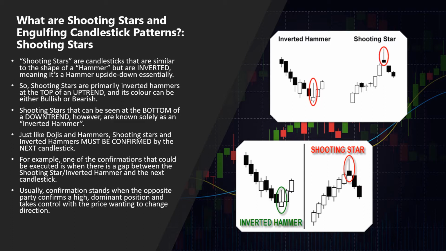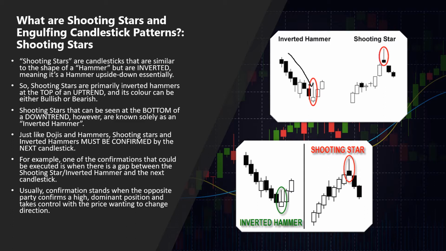Let me have a look here, the picture on the right hand side. Again, the inverted hammer I should say, you find at the end of a downtrend market. As you can see, this red circled candlestick is an inverted hammer.